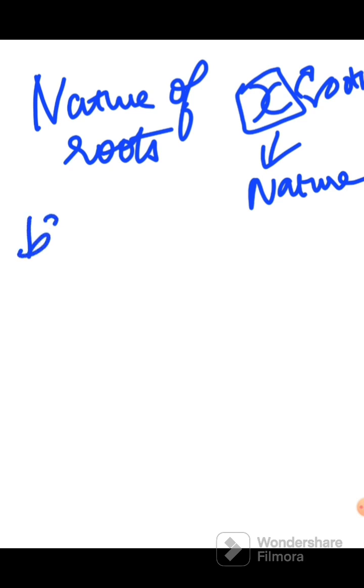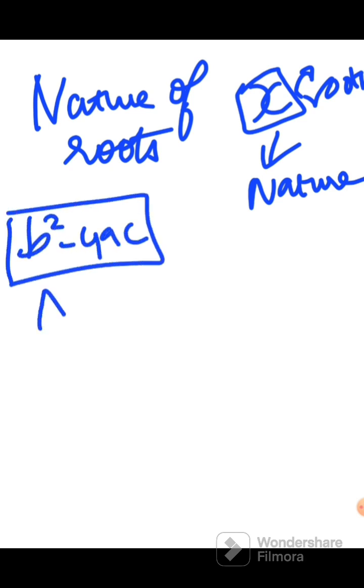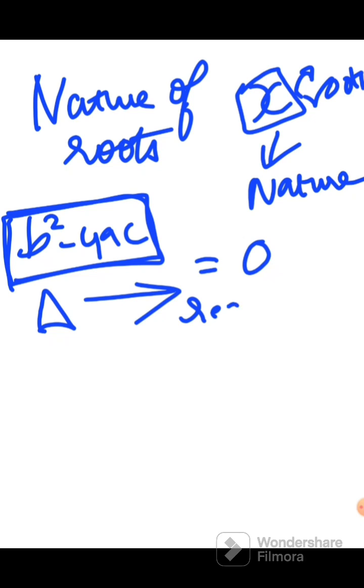So we have formula like b square minus 4ac, and this is called discriminant formula, or we can call it delta. So if you substitute all the values of b, a, c in this formula, then if this formula is equal to 0, then the roots are real and equal.